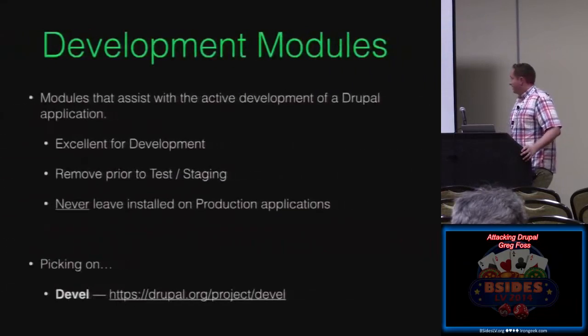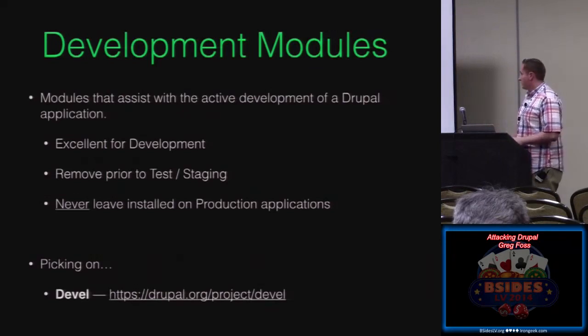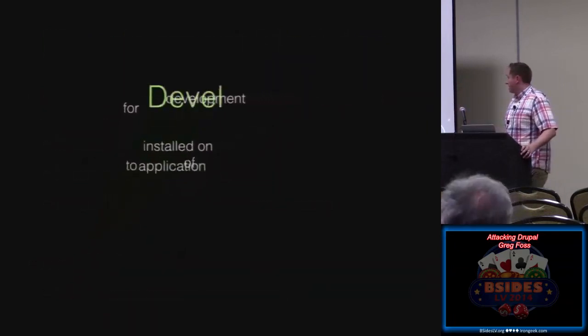The next thing I want to talk about is development modules, and more specifically, developers using these modules and leaving them enabled in production, and how we can leverage these to attack the application. These should always be removed prior to the site being promoted from dev to test to production. The module we're picking on is Devel.